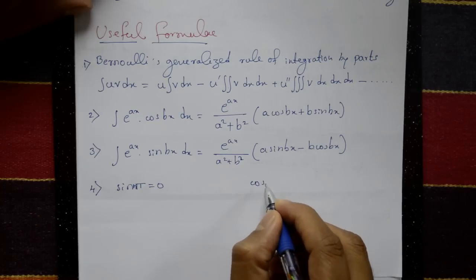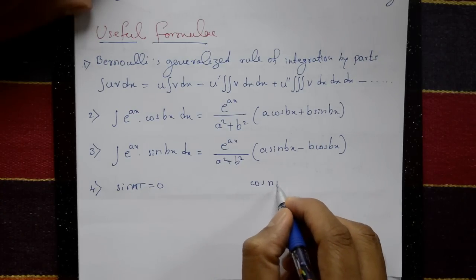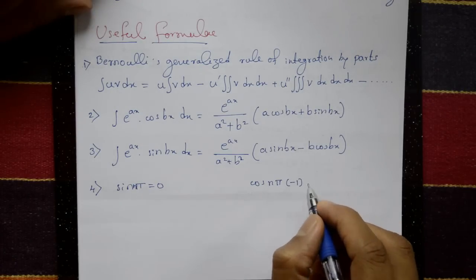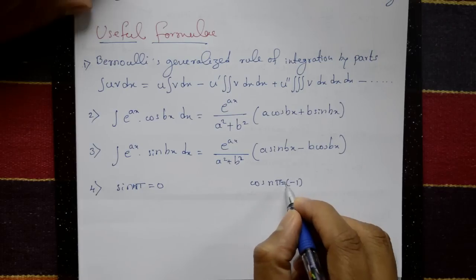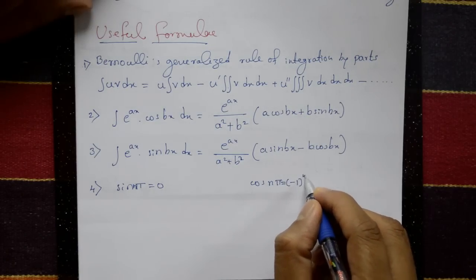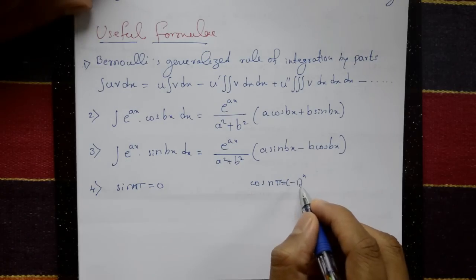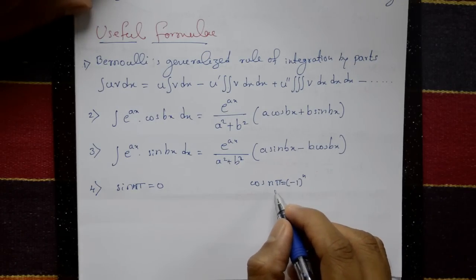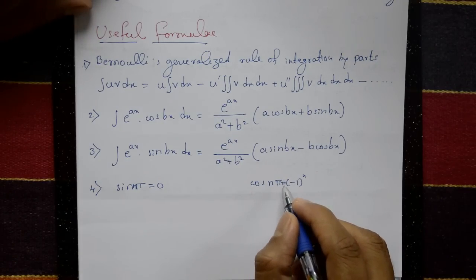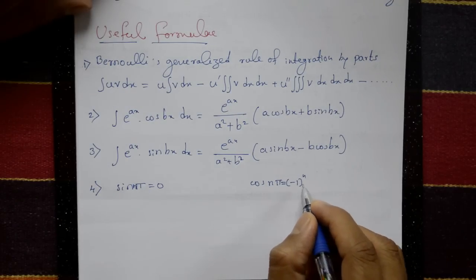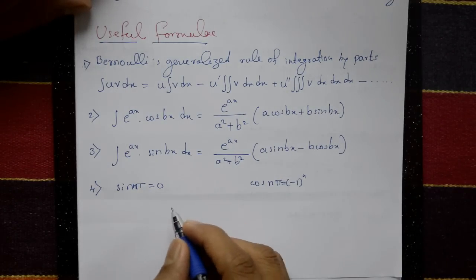Okay, and cos n pi is equal to minus 1 raised to n. Cos n pi equal to minus 1 raised to n, means n is equal to 1, 2, 3: 180 degree, 360 degree, alternately minus and plus, you will get 1. Minus 1, plus 1, minus 1, like this. Okay.